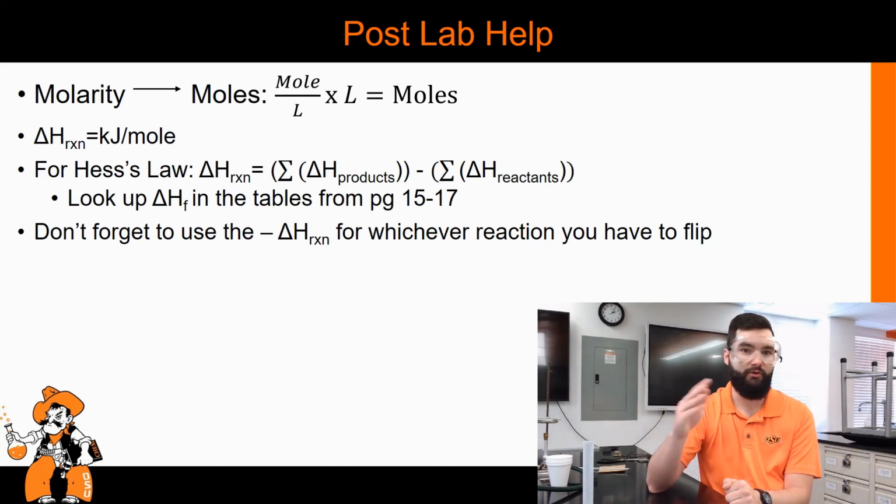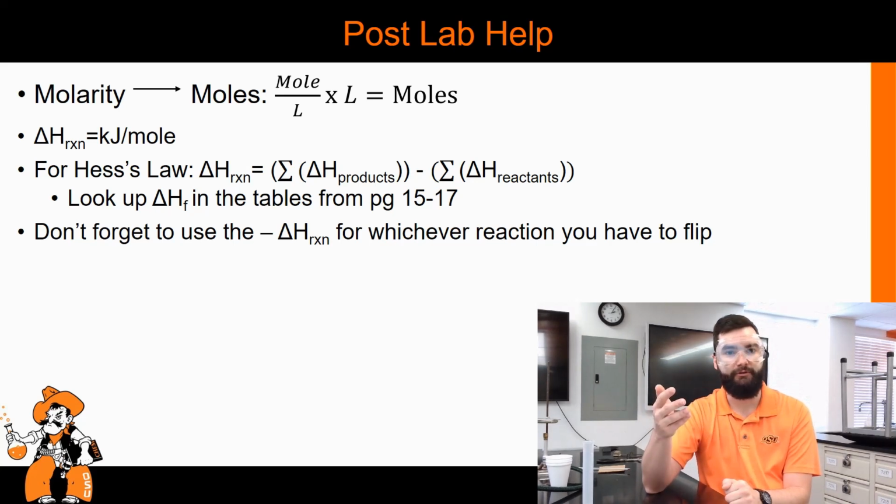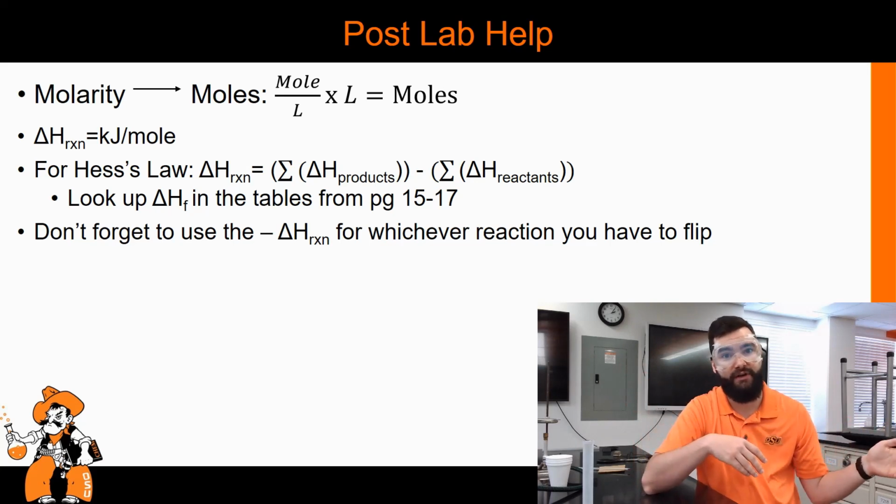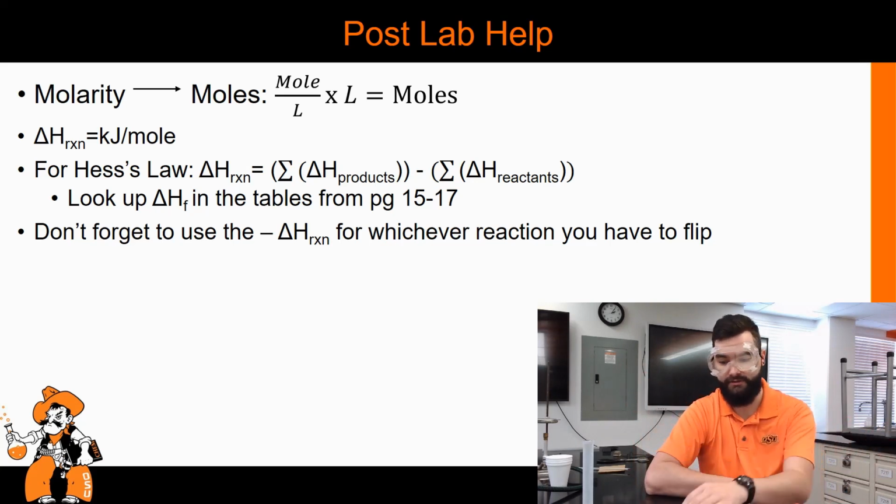All right. If you have any questions on this, definitely feel free to email us. Feel free to drop in on office hours, and we will help you figure out how to do Hess's law. Lastly here, don't forget to use the negative delta H of the reaction for whichever reaction you have to flip. So in our case, it's going to be that first reaction where it's aqueous plus aqueous.